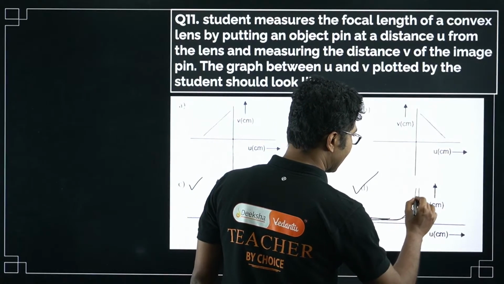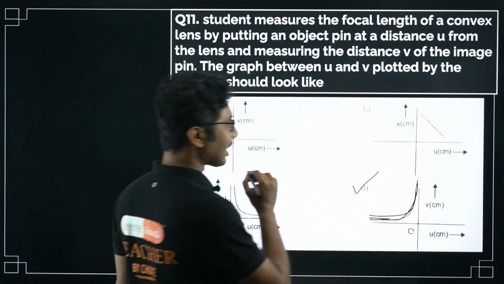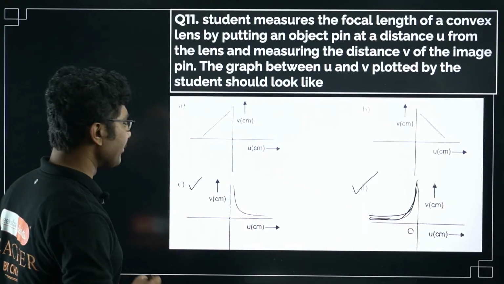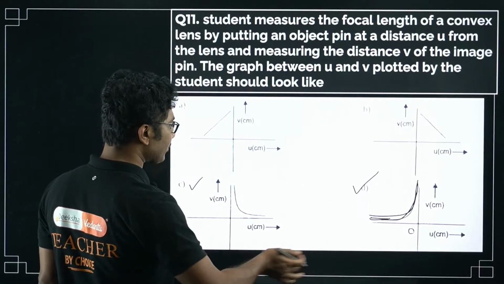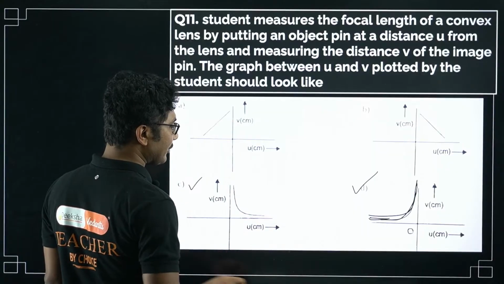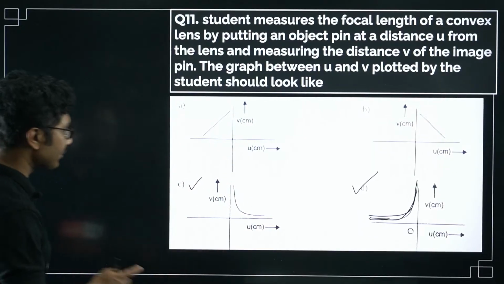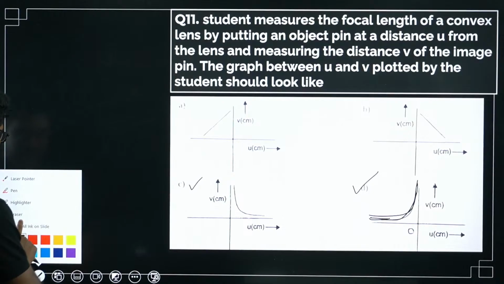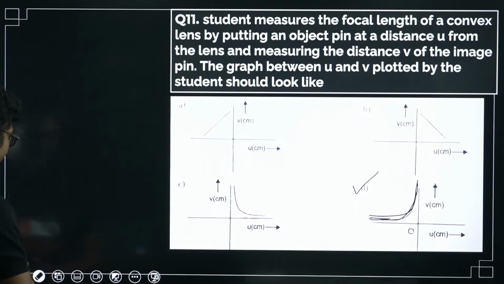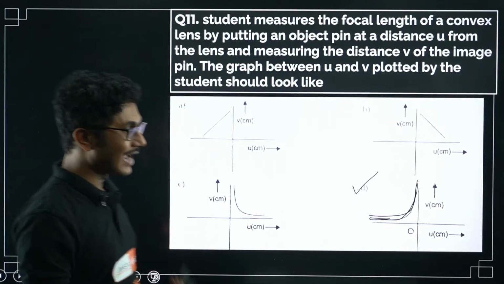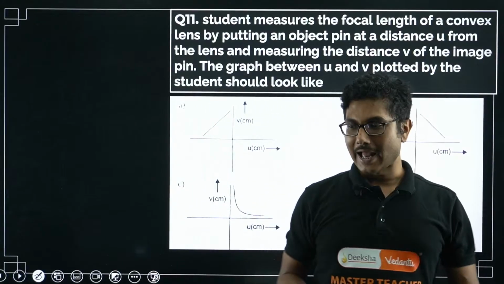So if you are using sign convention, then this graph is the correct graph. If you are not using sign convention, U positive, V positive, and you are measuring magnitude to find the focal length, then option C should be correct. But here nothing is mentioned, which means we have to consider the sign of U and V as well.